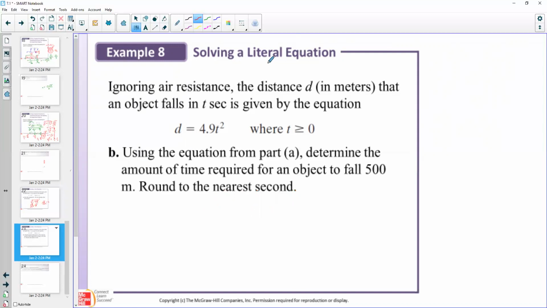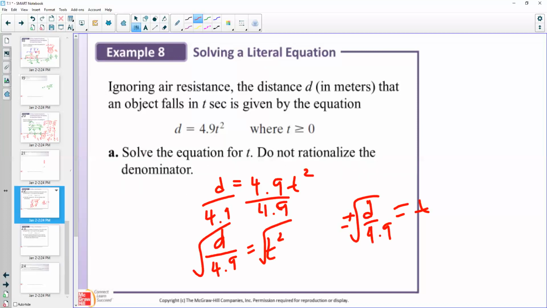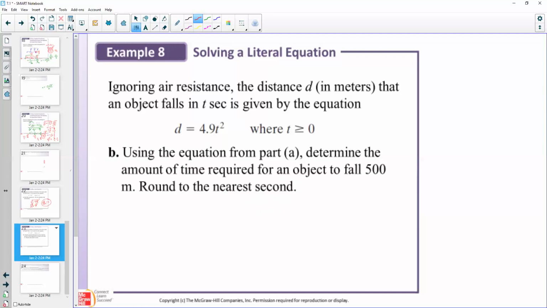Now it says, using the equation you just made in part A, determine the amount of time required for an object to fall 500 meters to the ground. Well, what we did is we solved so that we could get an amount of time, right? So now all we have to do is take our equation, plus or minus the square root of d divided by 4.9, equals t, and put in 500 where we see d.